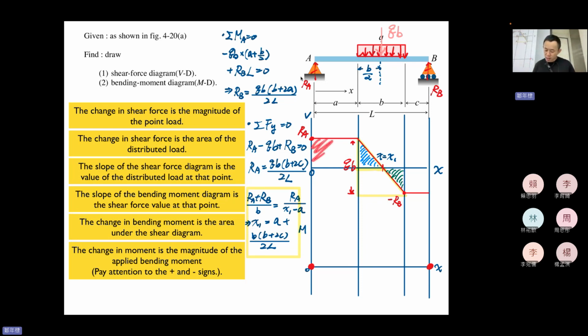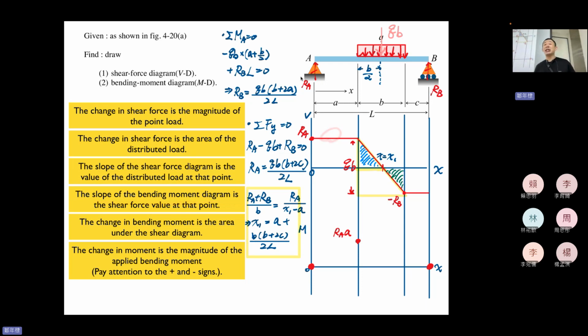Okay, so the area here will be RA times A. RA times A. And how can we connect them? The slope will be the same, because the slope of the bending moment diagram is the shear force value.